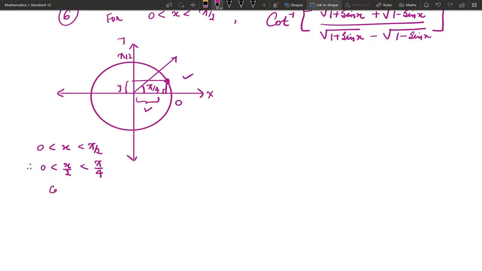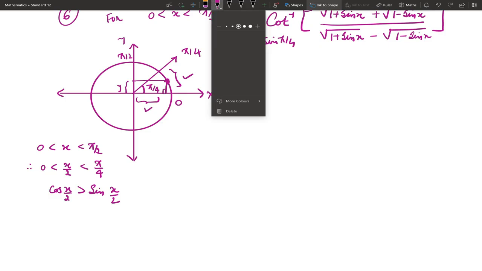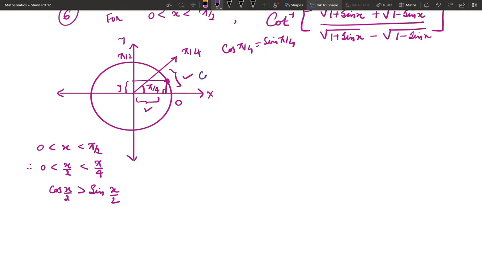So cos x by 2 is always greater than sin x by 2. At pi by 4 both are equal, cos pi by 4 equals sin pi by 4, and in 0 to pi by 4 always cos x by 2 is greater than sin x by 2.